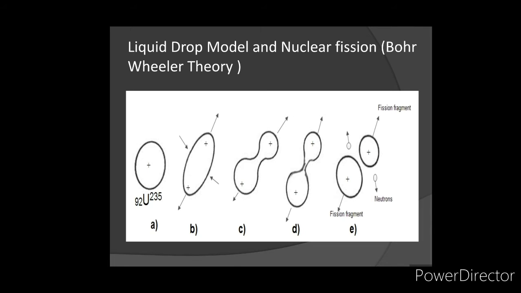Now we have to explain nuclear fission on the basis of the liquid drop model. The liquid drop model can explain the phenomenon of nuclear fission, meaning nuclear reactions, on the basis of this model. Consider a liquid drop which is spherical in nature. Due to the internal molecular forces of attraction, meaning the surface tension, the liquid drop is spherical.